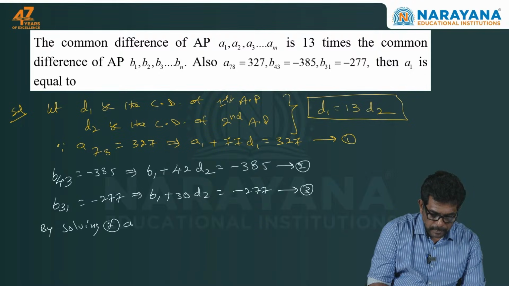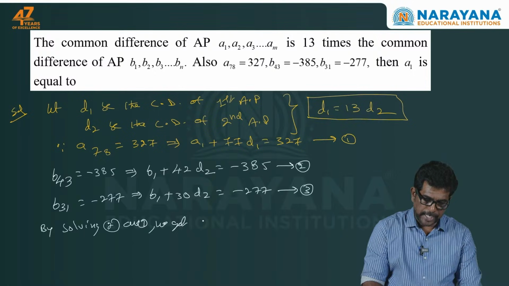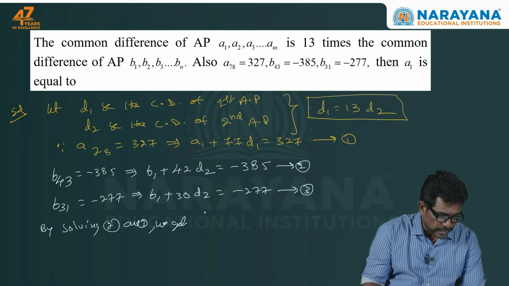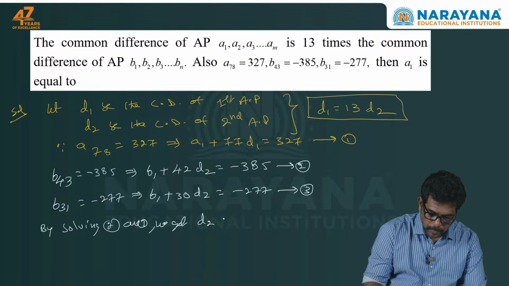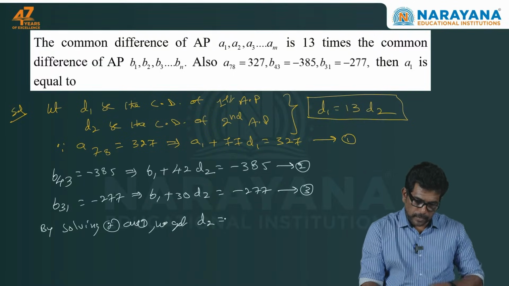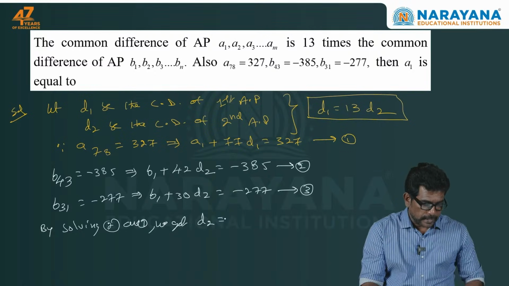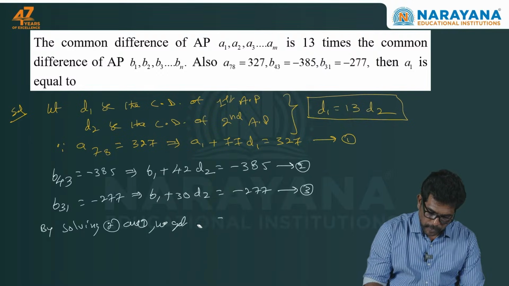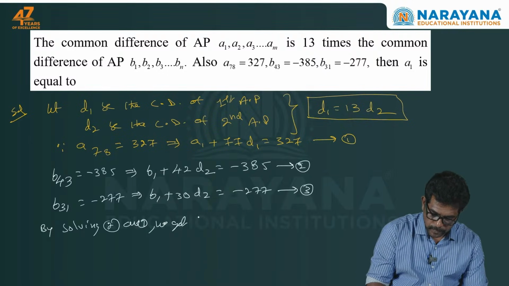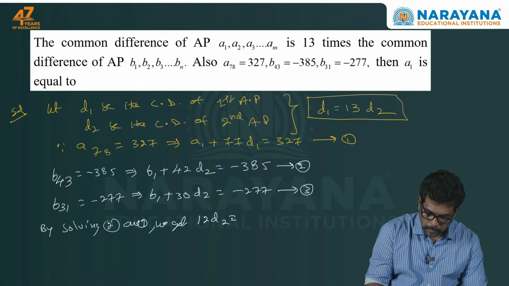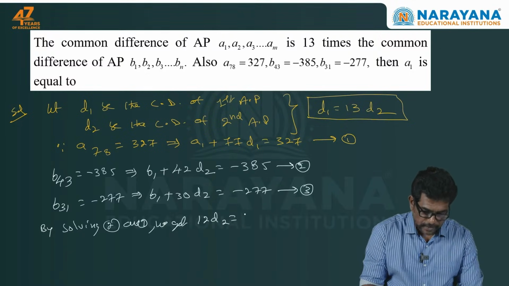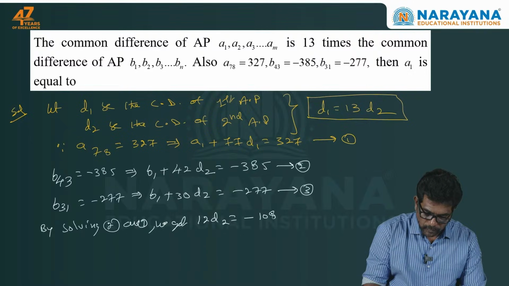By solving 2 and 3, we first get D2. That is, by subtracting the two equations, we get 42 minus 30, which means 12 D2. 12 D2 is equal to minus 385 plus 277, which is minus 108.